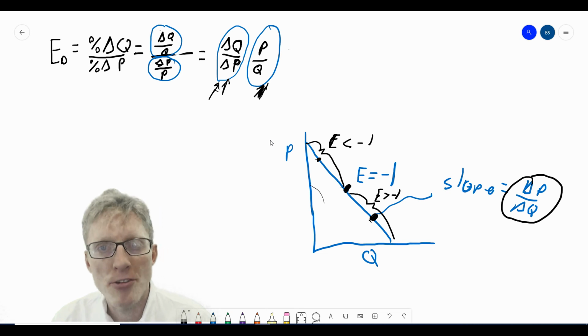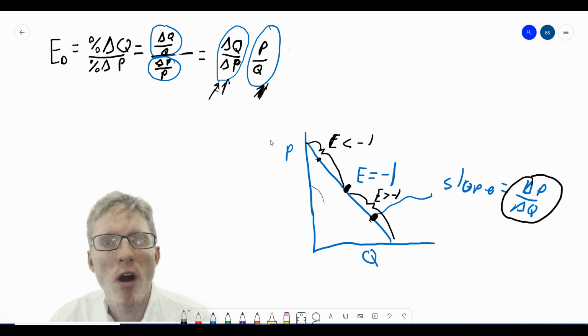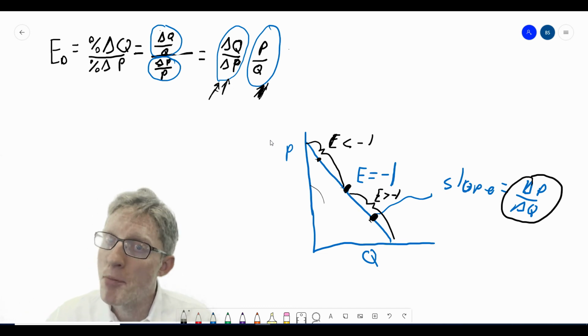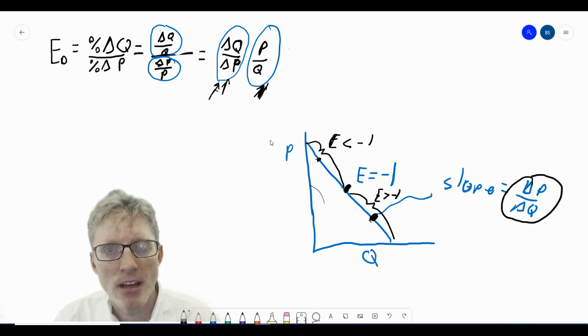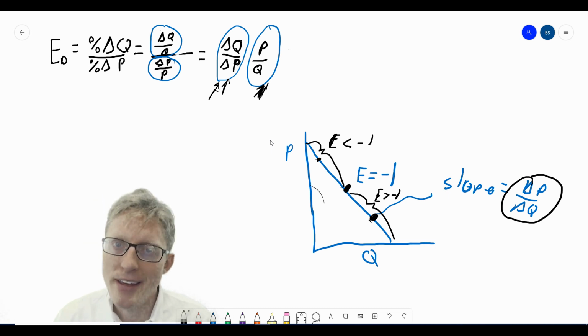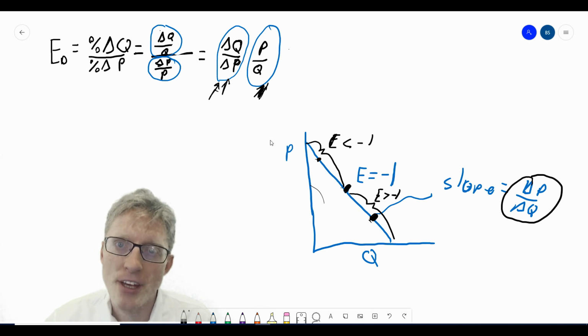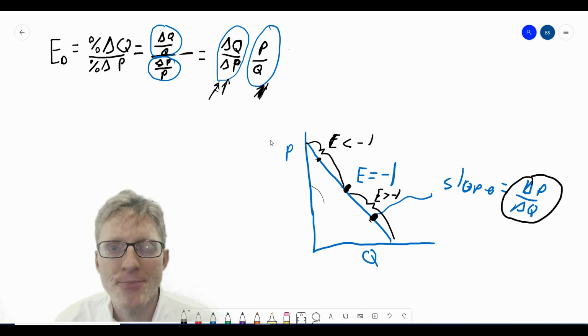Or we could look at the cross price elasticity of demand, which relates the percent change in quantity demanded of some good, let's say A, given a price change for some other good B. Much of the formula is essentially the same. It's just slightly different units that you're looking at.